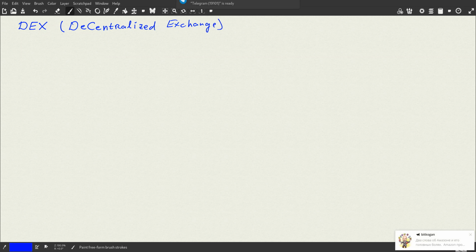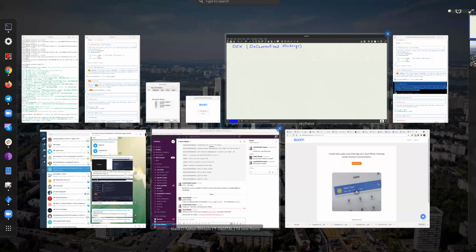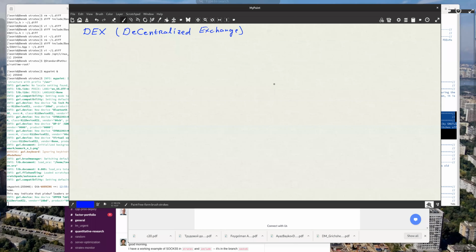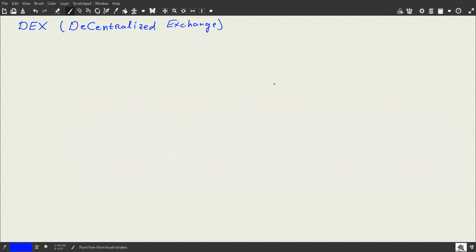In general, it doesn't really matter whether we're talking about a matching engine or a centralized or decentralized exchange. The difference is how it is implemented: in a centralized case as a standalone server, or in a decentralized case as a smart contract, and then the blockchain itself is responsible for invocation of that smart contract.